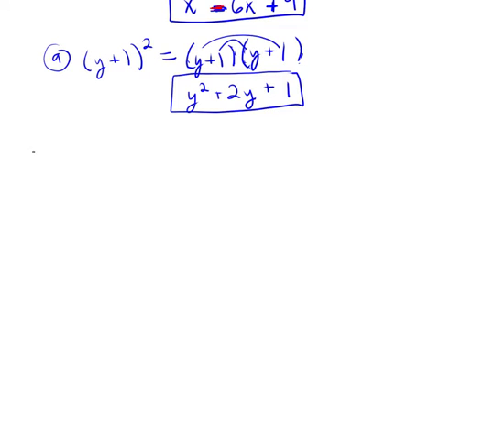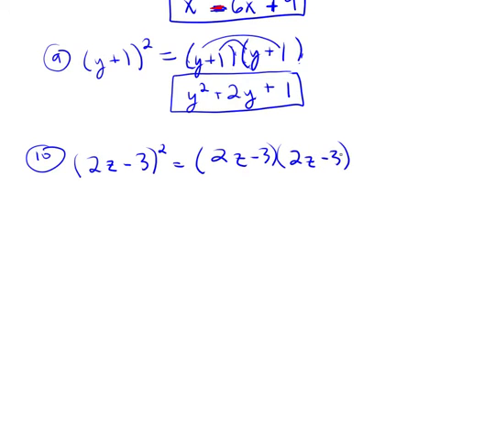Now, if we think about another where they get a little bit more complicated, 2z minus 3 squared. So I'm going to write it down, and I'm going to kind of think about it using the other one now. There is a little kind of like, some people call it a trick, but really it's thinking mathematically what's happening. So because it's squared, we're going to have this same problem like we did over here.